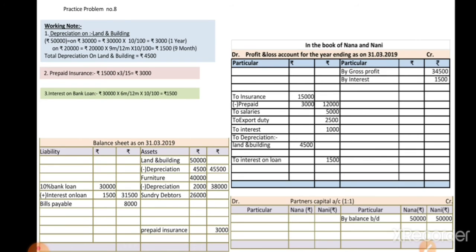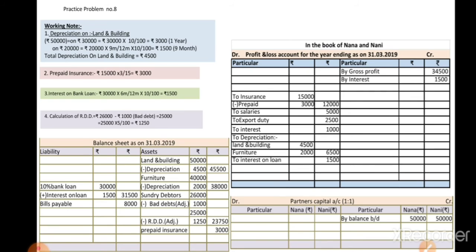The second effect of it we show in the profit and loss account debit side. In the profit and loss account we show the depreciation of land and building and furniture: land and building 4,500 and furniture 2,000. The total depreciation is 6,500.